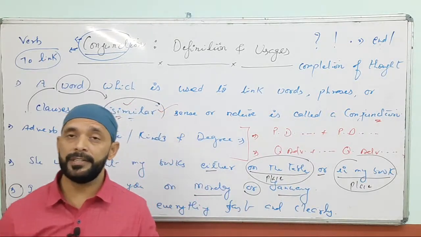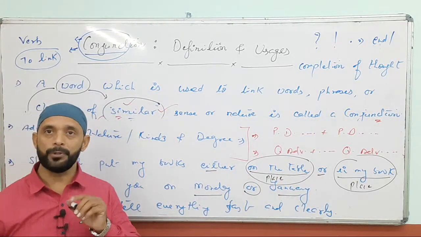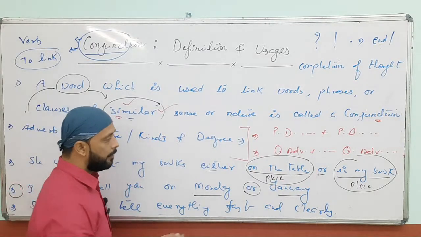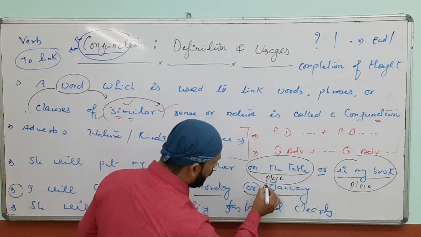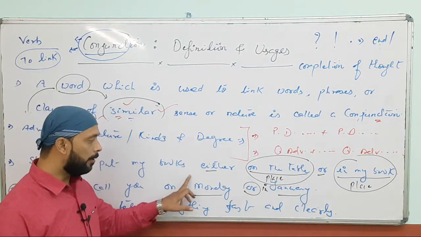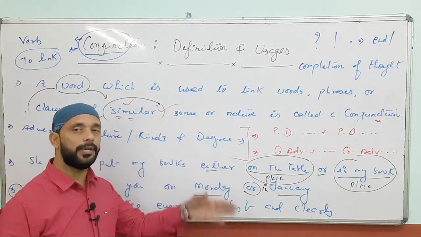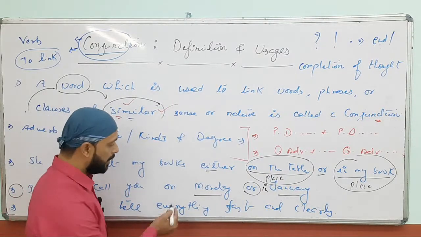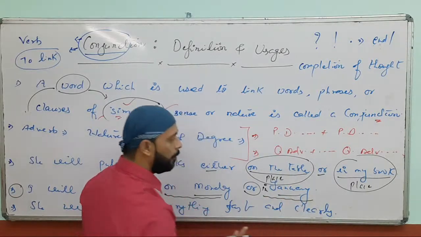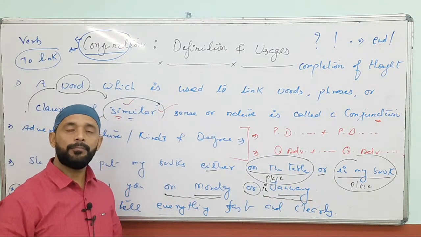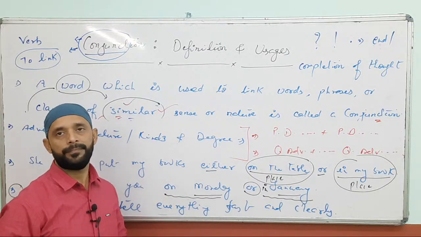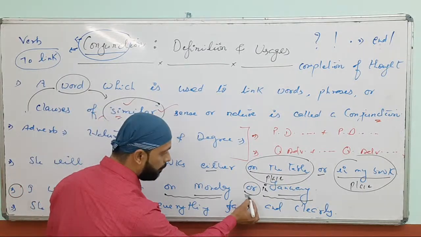So what is the error there? Use of preposition. Sometimes we need to care, and we need to use in before January. The conjunction was okay: on Monday or in January. So both are time. On Monday is the time, in January is time. Both are adverbs of time, both are phrases, both are points of time. So they are linked with the help of or.